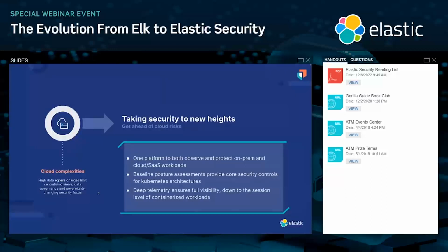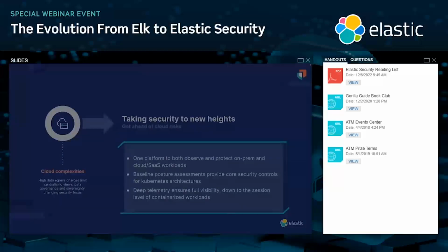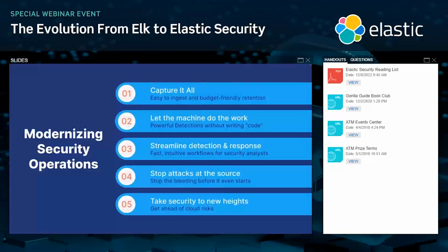And we're also seeing that kernel level deep introspection for the telemetry coming out of those containers via technologies such as eBPF. So let's get ahead of our cloud risks. And with that, Mateo, I'll pass it back to you.